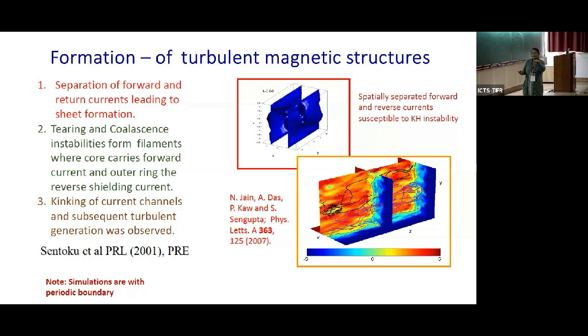The central core carries the forward electron current in the target, and the cylindrical shell carries the return shielding current. At the separation layer, we showed that there will be Kelvin-Helmholtz instability and there will be turbulence there.